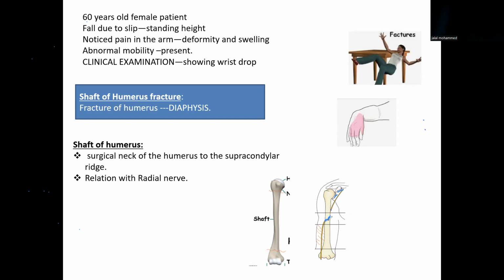Then it comes out and pierces the intermuscular septum and comes into the anterior compartment of the arm. So at these two levels, the radial nerve is in close relation with the shaft of the humerus. Any fracture in this area results in damage to the radial nerve, resulting in radial nerve palsy or wrist drop.